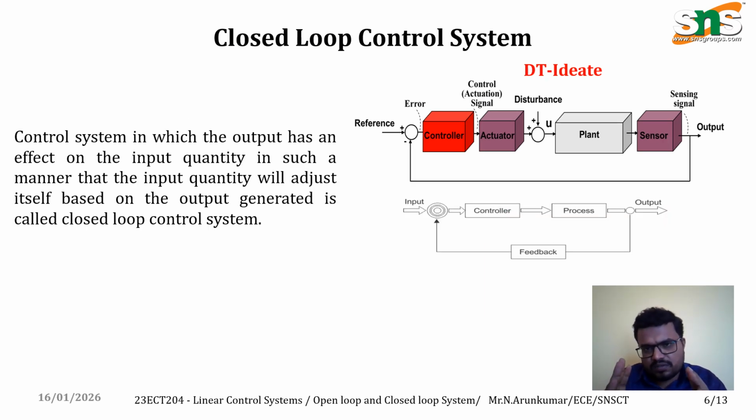The closed loop system. The closed loop system operates based on feedback. Without feedback, it cannot operate, because once the information has been processed from the input signals, it moves towards the controller, actuators, plant and sensors. Then the output is given back to the input of the signals. If you want to eliminate any errors of the system, we can use this.